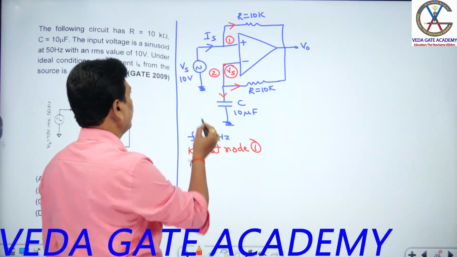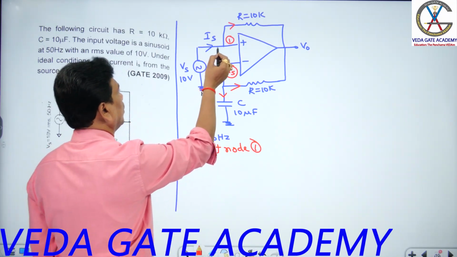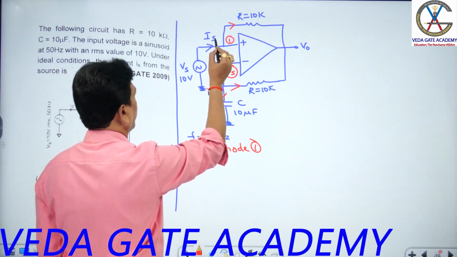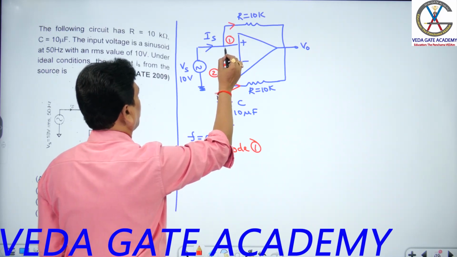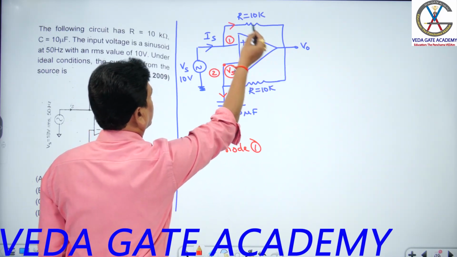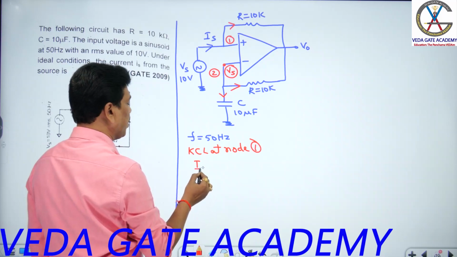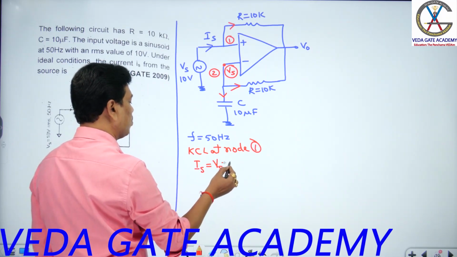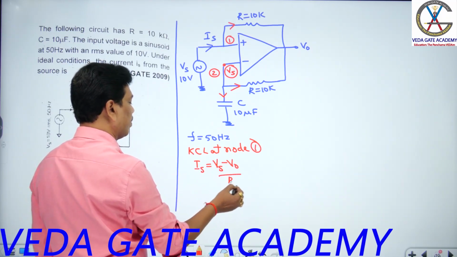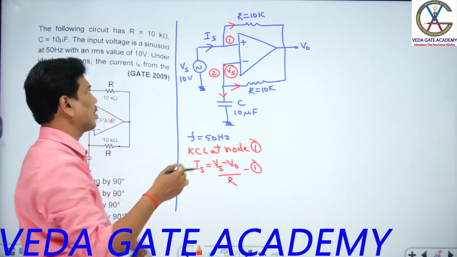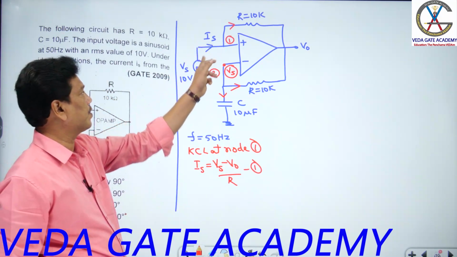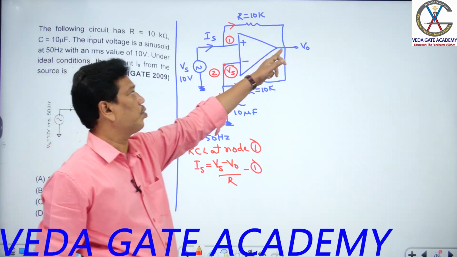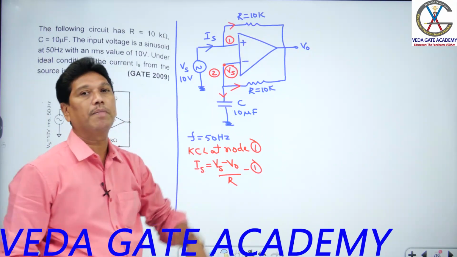This is the supply voltage Vs, and the current is IS, which I need, sir. IS equal to Vs minus V0 by R. Later I substitute the values. Here the node voltage is Vs, here the node voltage is V0, so IS equals Vs minus V0 by R.